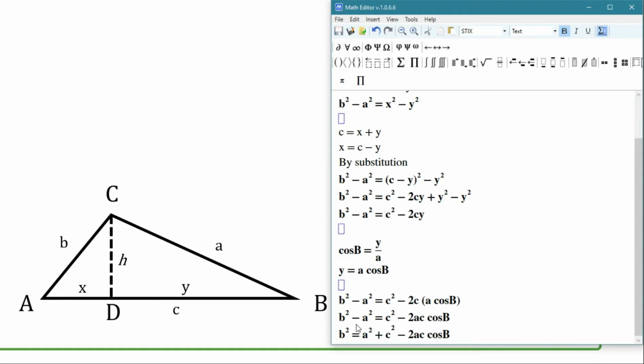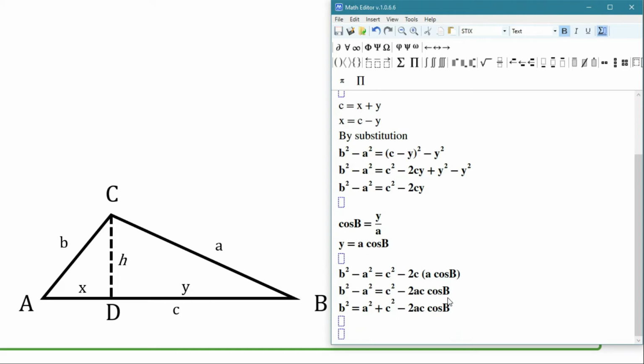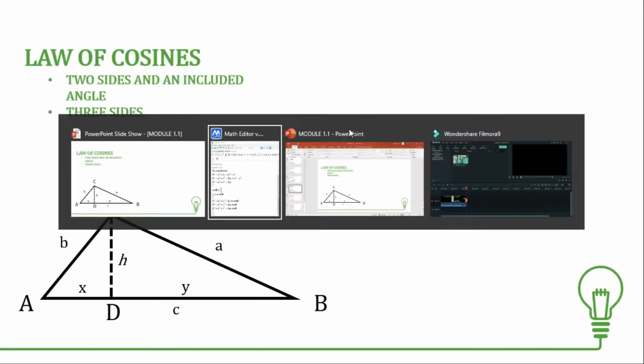So we have just transposed negative a square to the other side of the equation, making this b square equals a square plus c square minus 2ac times the cosine of b. Alright? So this law is what we so-called the law of cosines.